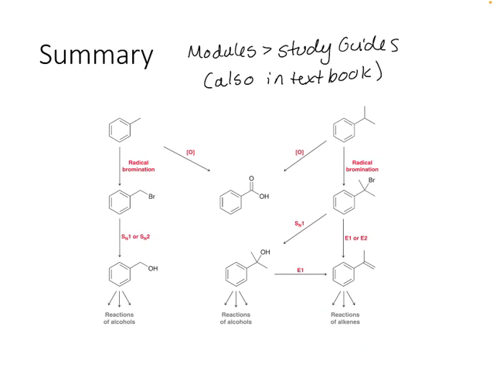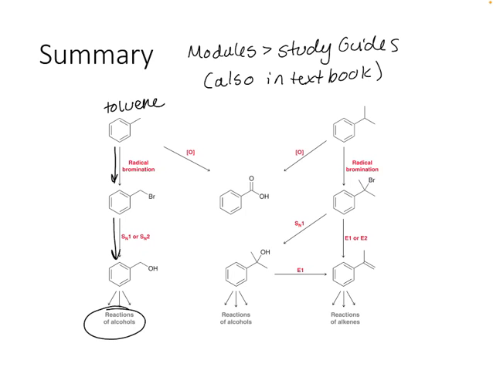And this is just a little flow chart. So for instance, if you start with toluene, you could perform radical bromination to add a leaving group. And then you could perform SN1 or SN2 to get an alcohol there. And then you could do all sorts of alcohol reactions.